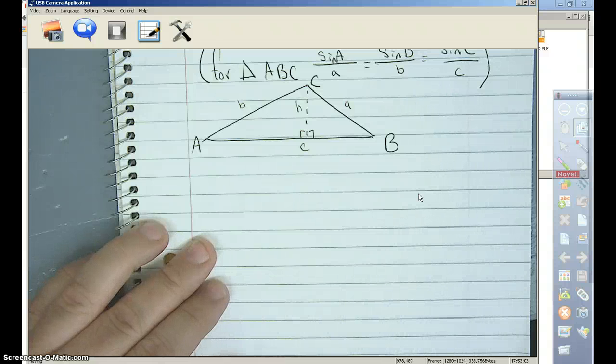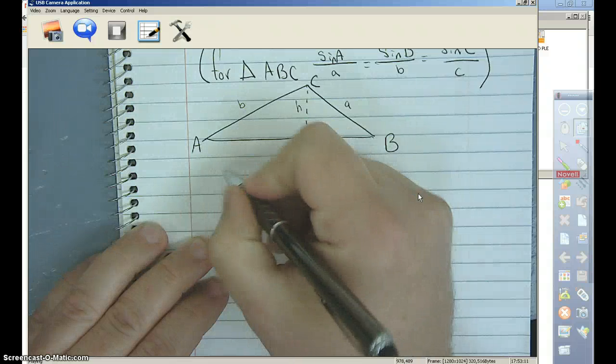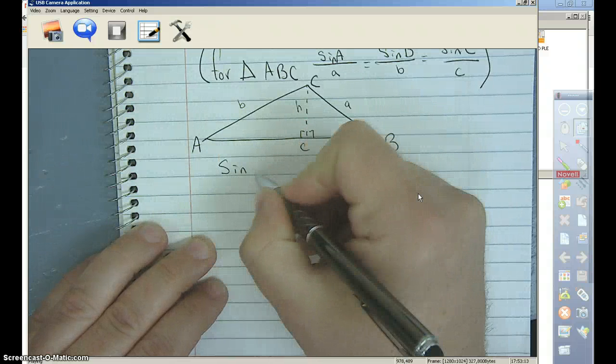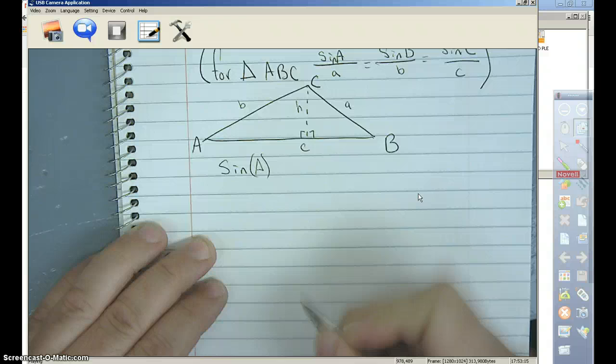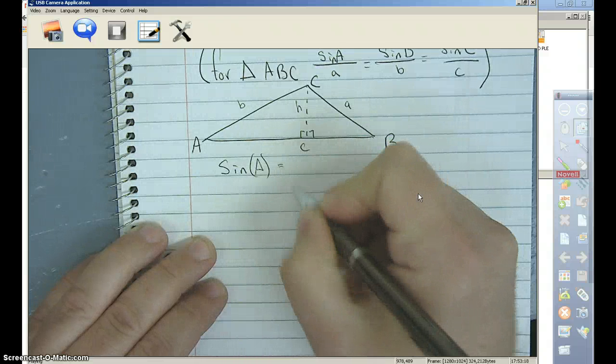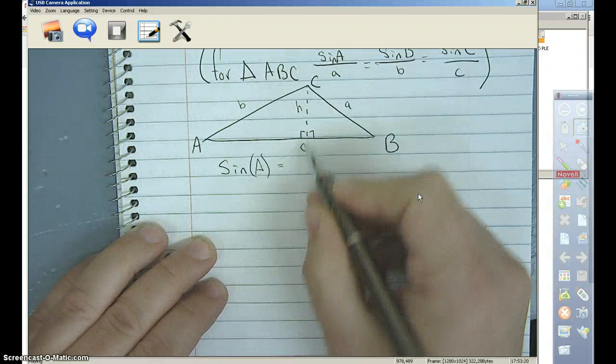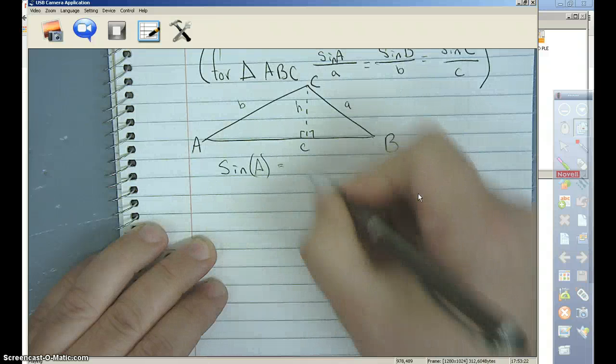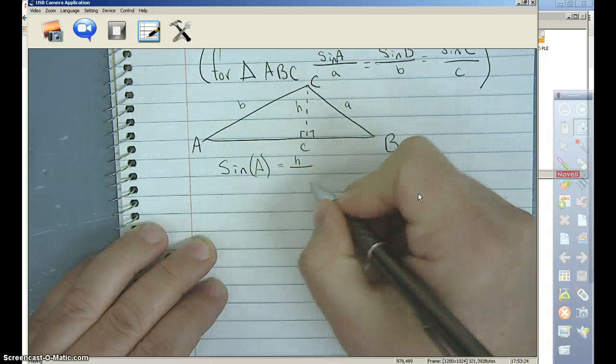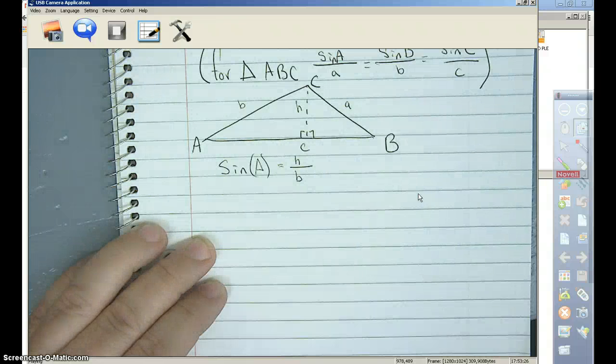So let's just use our regular definitions. Let's talk about what the sine of A would be here. What's the sine of A going to be equal to? Well, it's a ratio, so we know that it's opposite over hypotenuse. So it's going to be h over b.